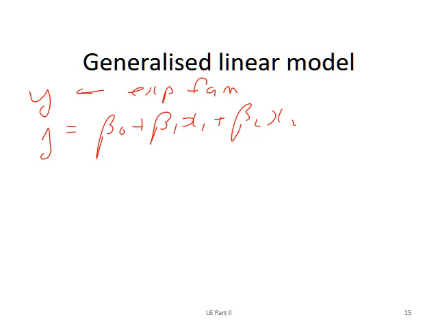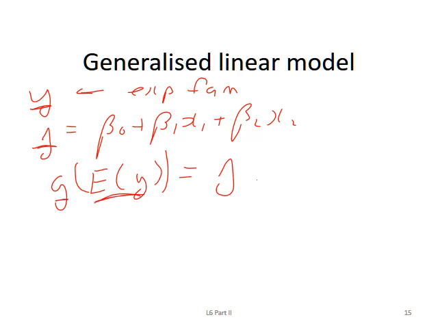The linear predictor is linked to y through the expectation value of y. Thus, the expected value of y is linked to the linear predictor eta through the link function. So the link function of the expected value of y equals the linear predictor, which in this example is equal to beta naught plus beta 1 x1 plus beta 2 x2.